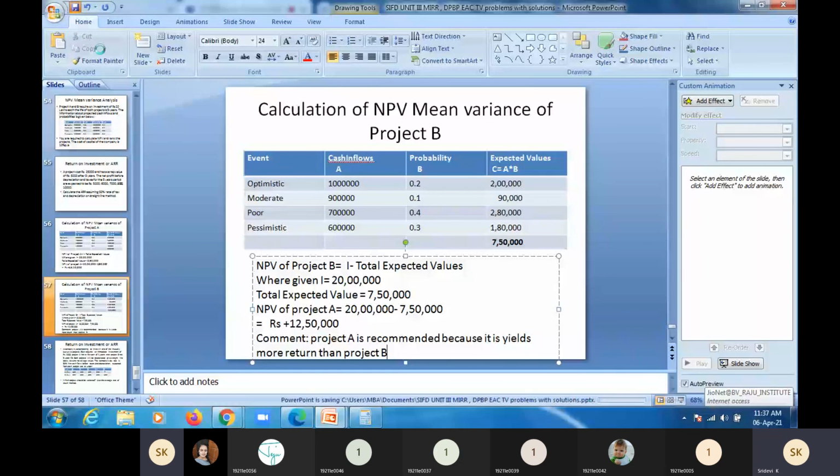Okay. So this is how you are going to find out the NPV, mean project.